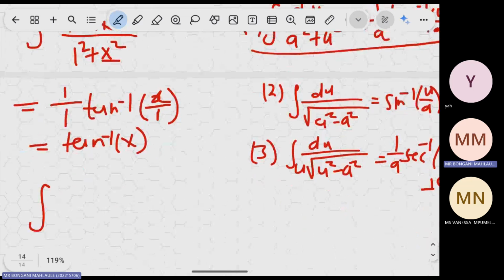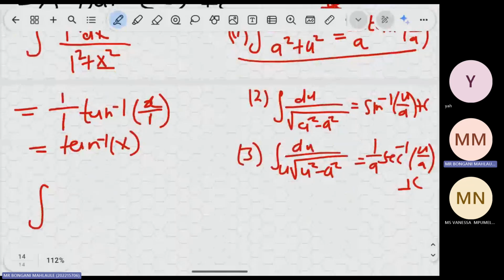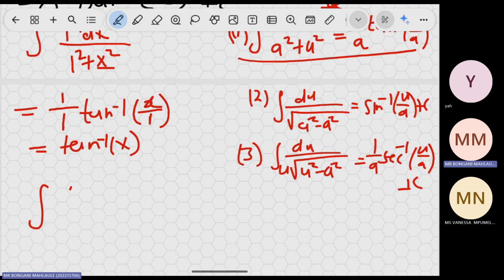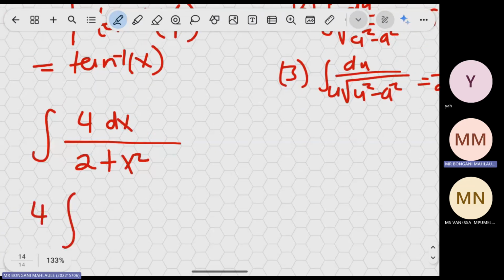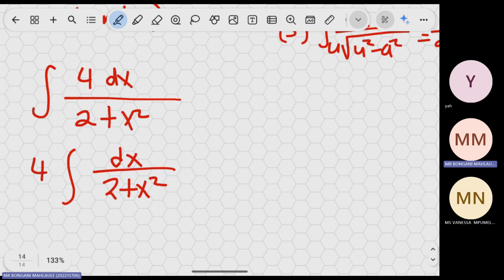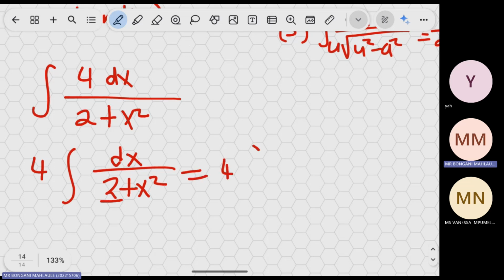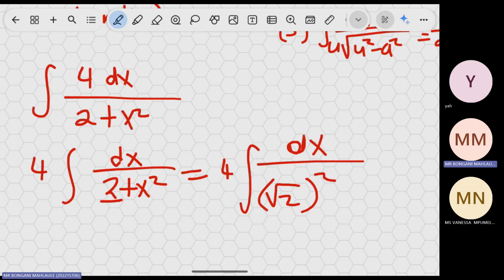Similarly, let's say you were having 4 dx over 2 plus x squared. So for this one, you're going to take out 4 and you will have dx over 2 plus x squared. You know that this one can be written as the square root of 2 squared plus x squared.